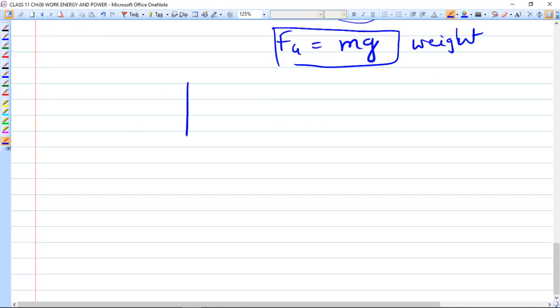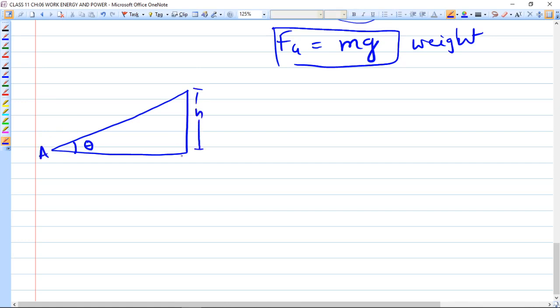Suppose, it is very simple to understand that gravitational force is which type of force? Conservative force. Much easy to understand. Suppose this angle is theta and this height is h.